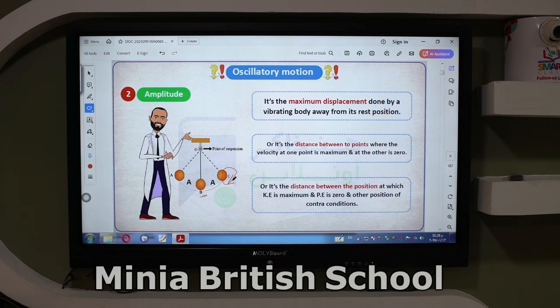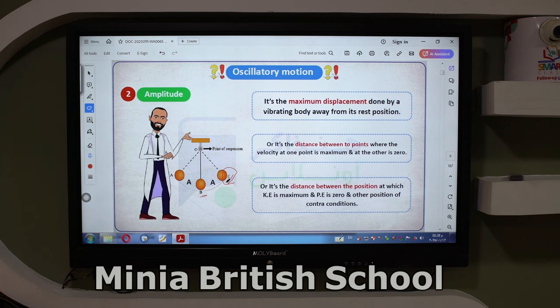But what about the potential energy? Potential energy is the maximum. So we have a relation between the potential energy and the kinetic energy during the motion of this pendulum. Kinetic energy decreases and potential energy increases at the maximum amplitude or displacement.